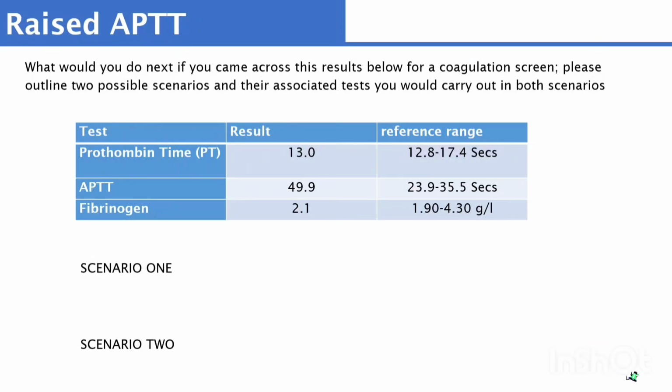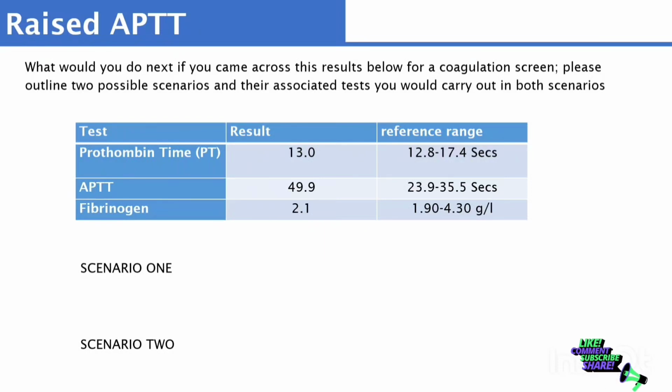So the high result of anti-factor 10A will confirm that this patient is on an anticoagulant such as heparin. That is just to stick with the question that has been asked here. So that's the first scenario.